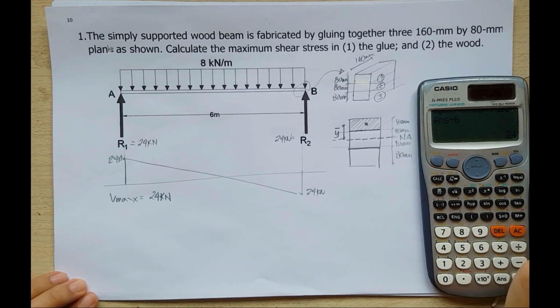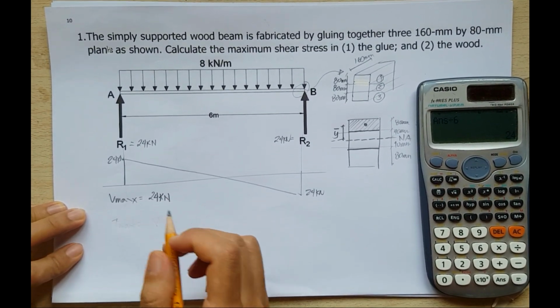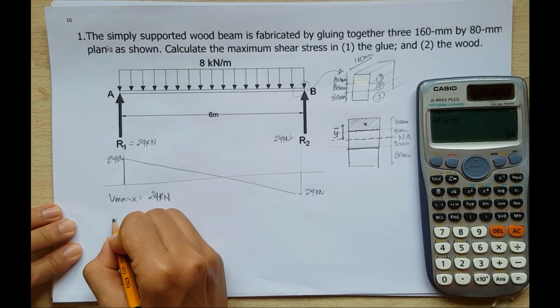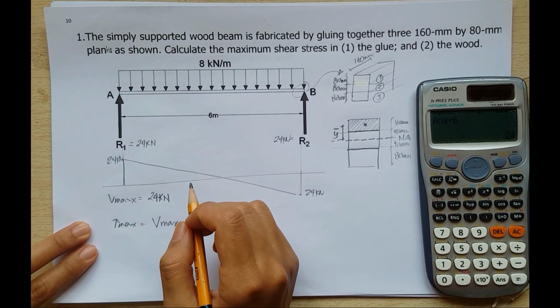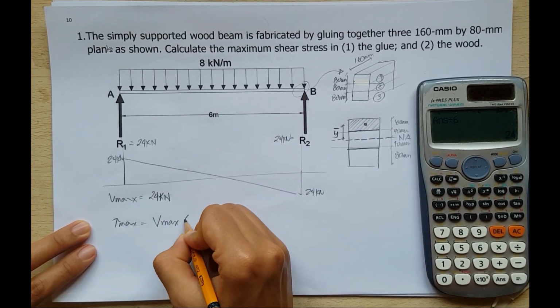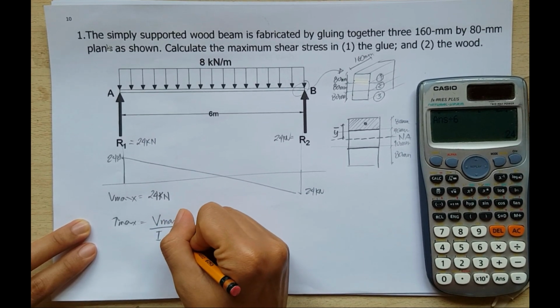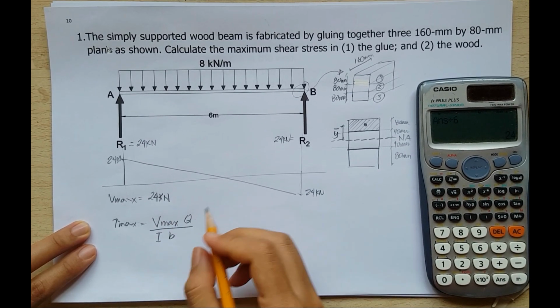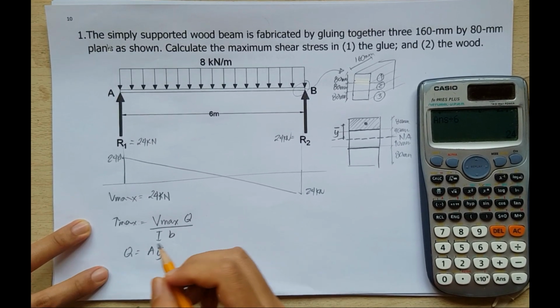So next, our maximum shear stress is equal to the maximum shear, Vmax, multiplied by the moment of the area, Q, all over the moment of inertia multiplied by B, in which our Q is equal to area multiplied by Y bar.